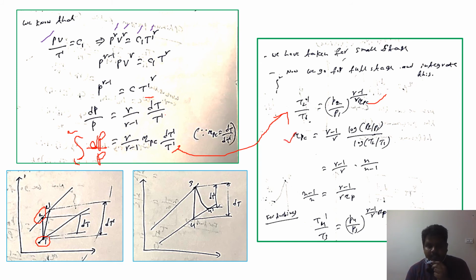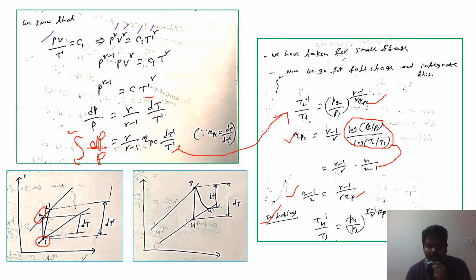So for small stage, small stage efficiency equals to gamma minus 1 by gamma log P2 by P1 by log T2 by T1. So this is n by n minus 1. So we can write it as gamma minus 1 by gamma into n by n minus 1. So n by n minus 1 equals to gamma minus 1 by gamma into small stage efficiency.